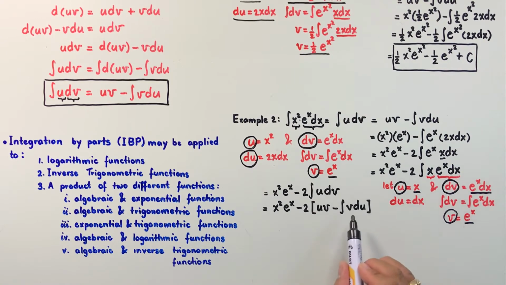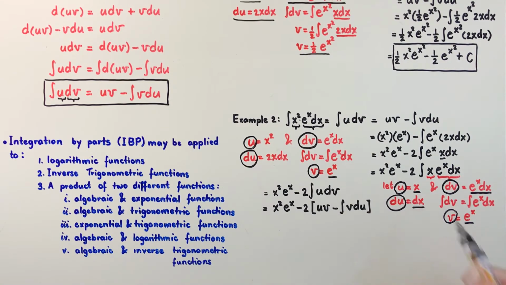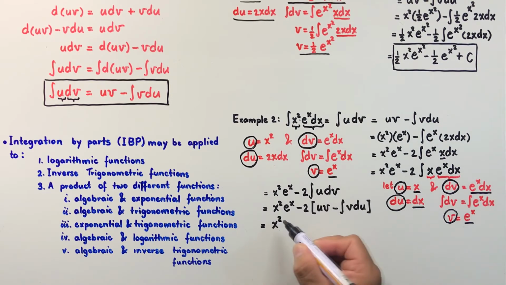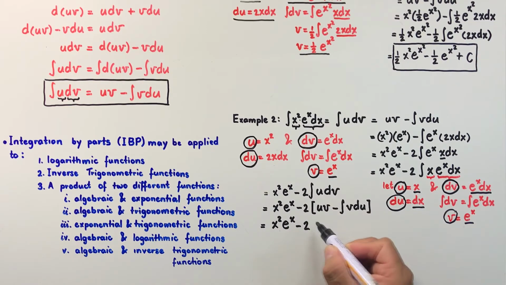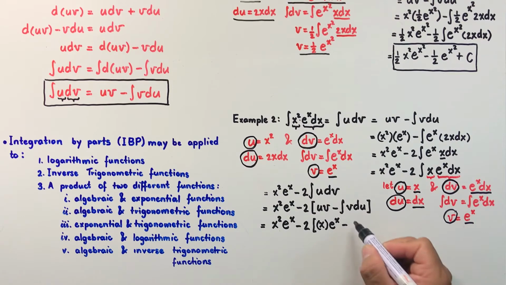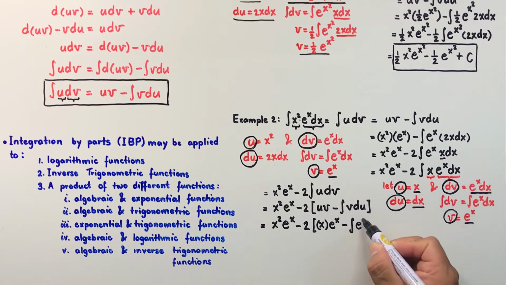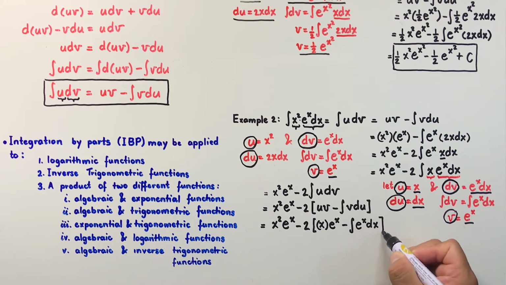And also you need the v and the du, which is this one here. So substituting that one to the formula, we have x squared times e to the power x minus 2 times the u, which is x, and the v, which is e to the power x, minus the integral of the v, which is e to the power x, and the du, which is dx here.